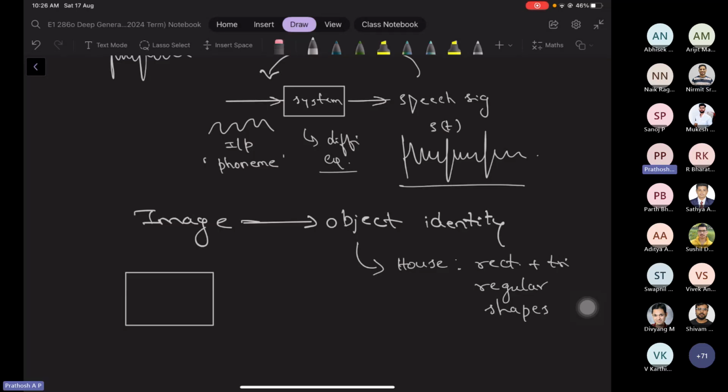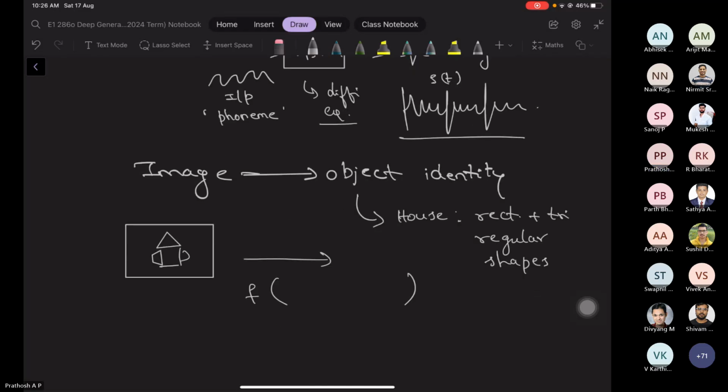So I come up with processing methods that would find this out. Basically, there is this function, and what they do is they first have a rectangle extractor, which just extracts the rectangle and sees where it is. And then you do a triangle extraction.